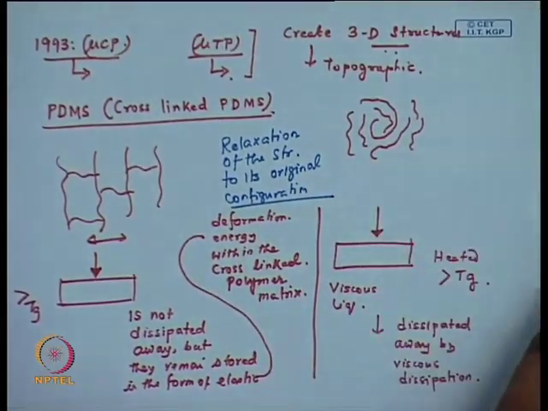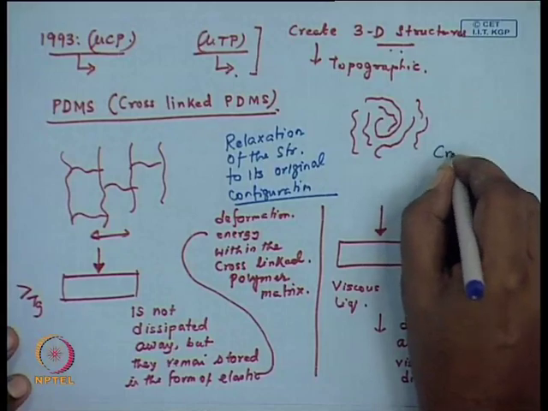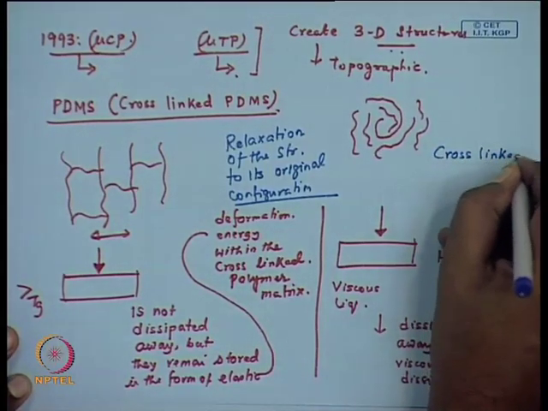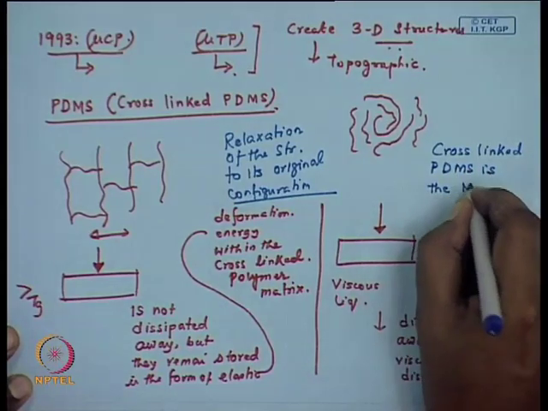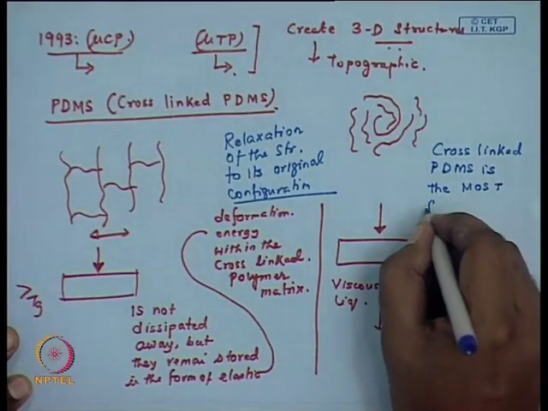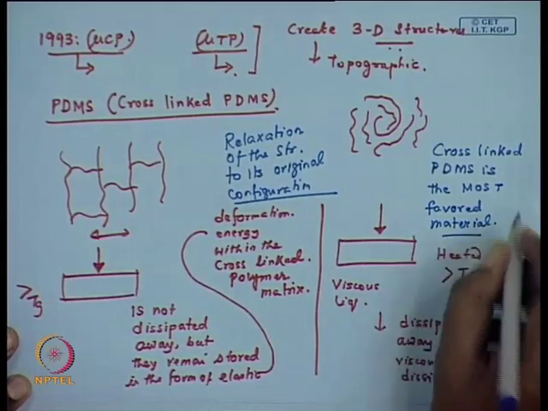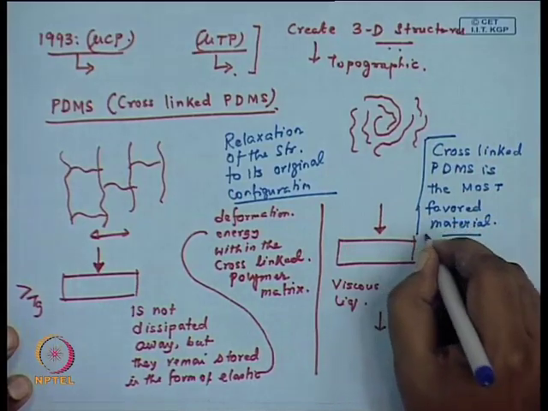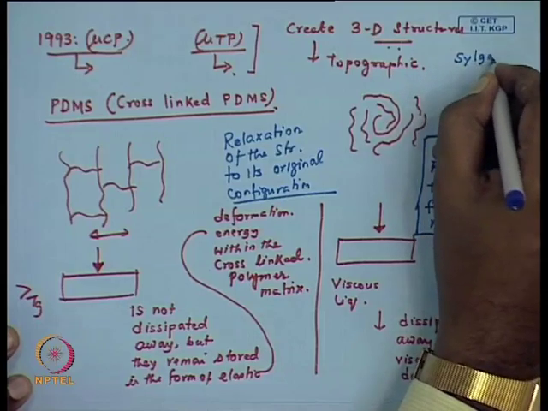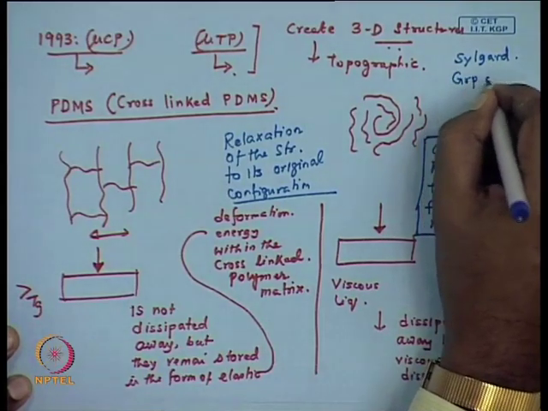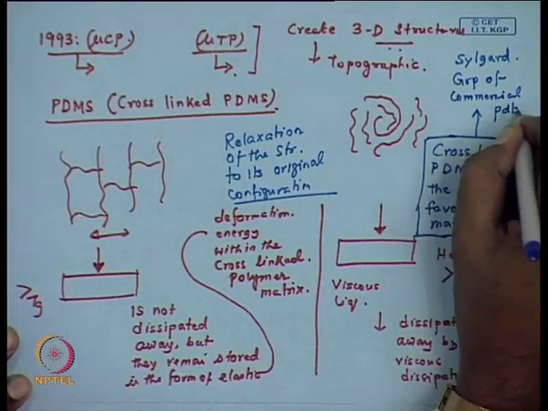What you would see if you read even a little bit of literature on soft lithography is that cross-linked PDMS is the most favored material, and one specific brand which is widely used is the Sylgard group of commercial products.